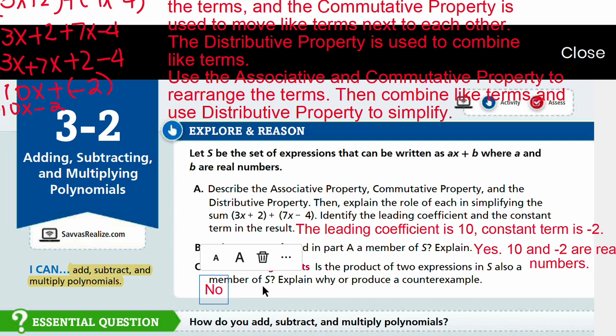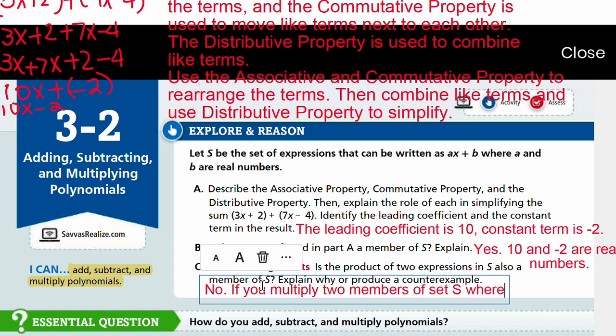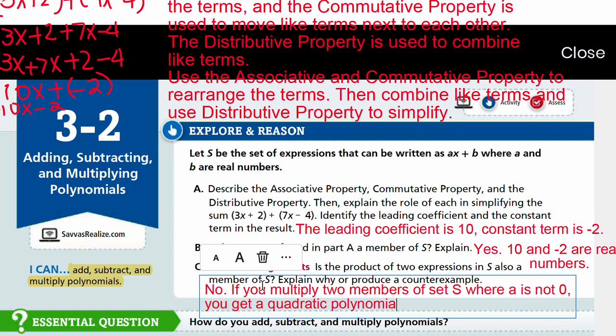So no. If you multiply two members of set S where a is not 0, you get a quadratic polynomial that is not in the set.